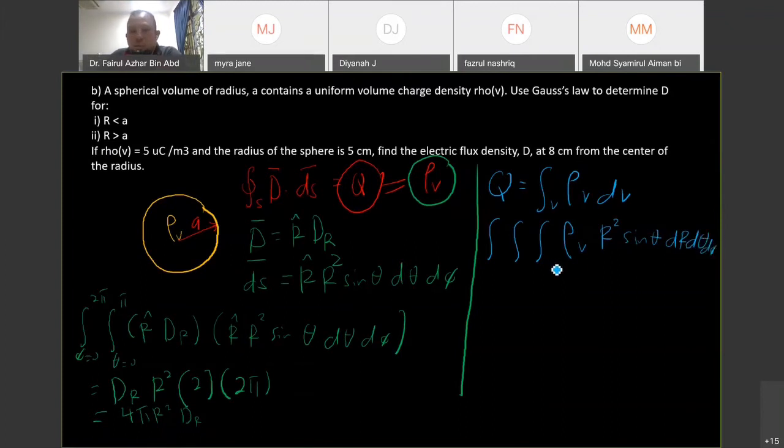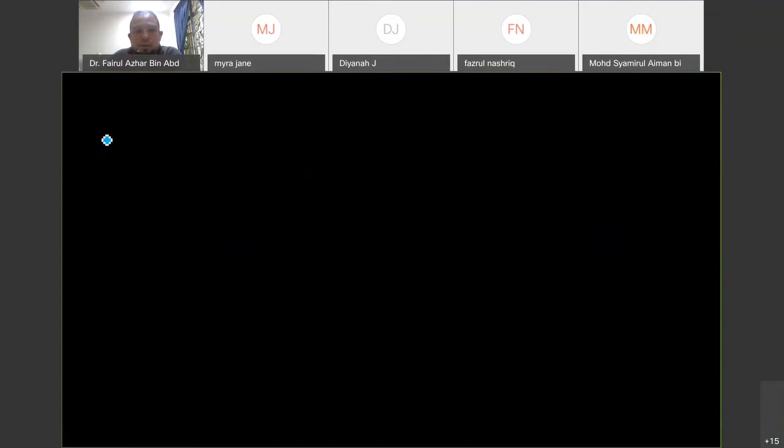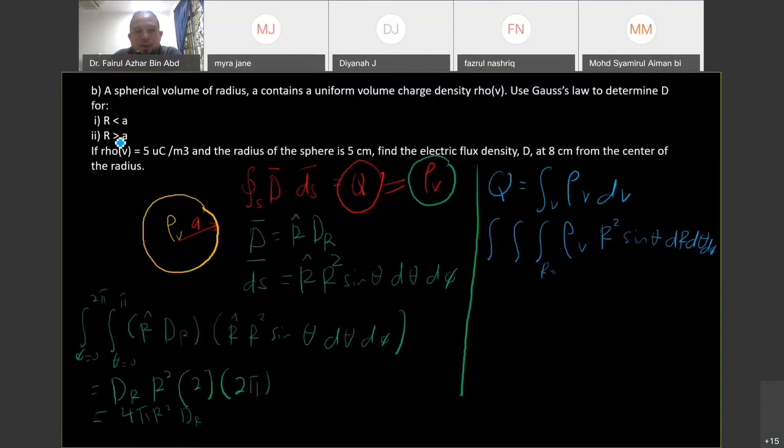In order to put in the limits, we first look at the limit in terms of r. To answer the first question, when r is less than a, the value of r exists from 0 until any point inside this sphere.